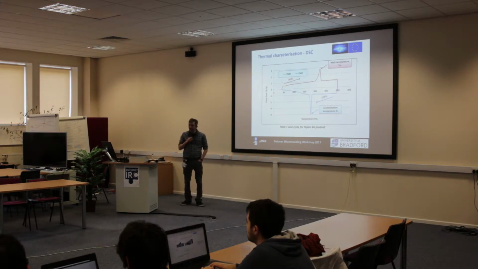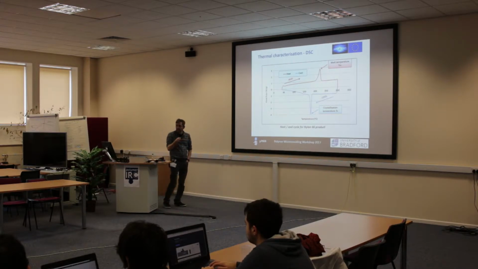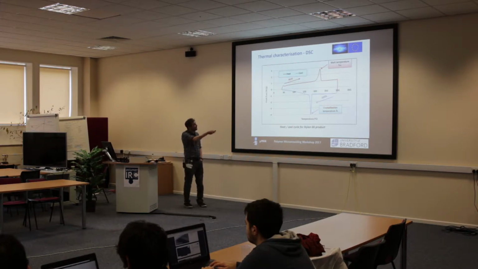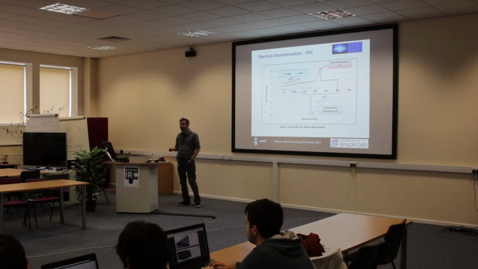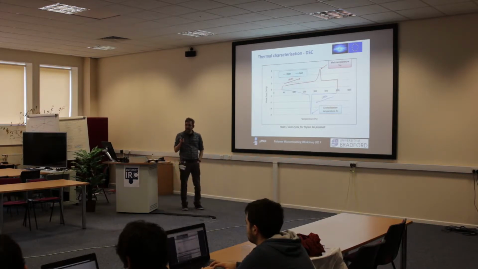Now the other thing you can get out of this is your enthalpy here in the endothermic part, in the melting. If you've got a huge number of crystals, then the area under this curve will substantially rise. And the area under this curve allows you at least to get the enthalpy out.